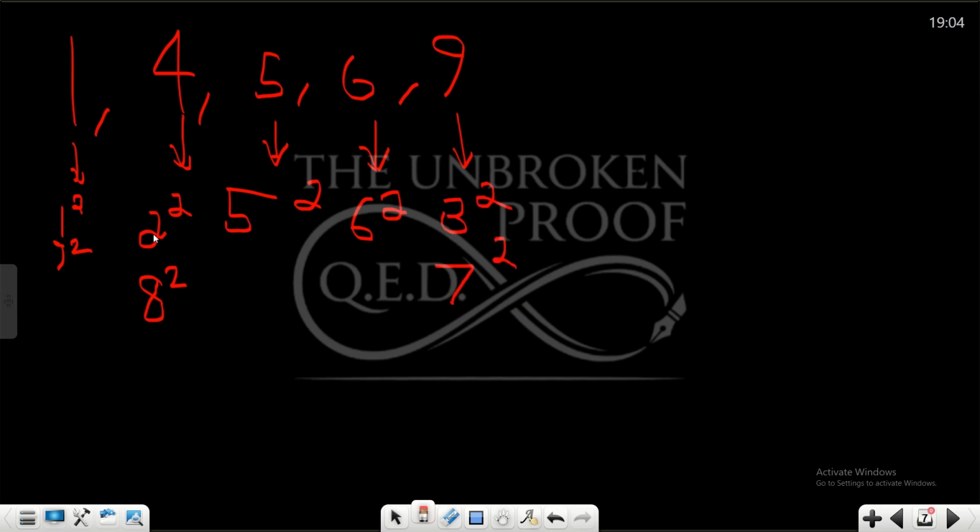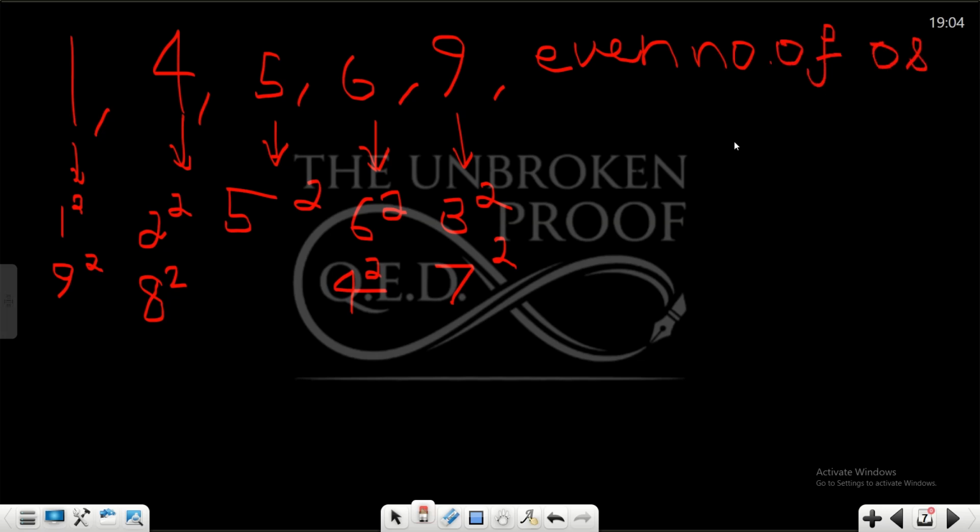And even 0 is possible, but it should be an even number of zeros. This will come from 10 square.